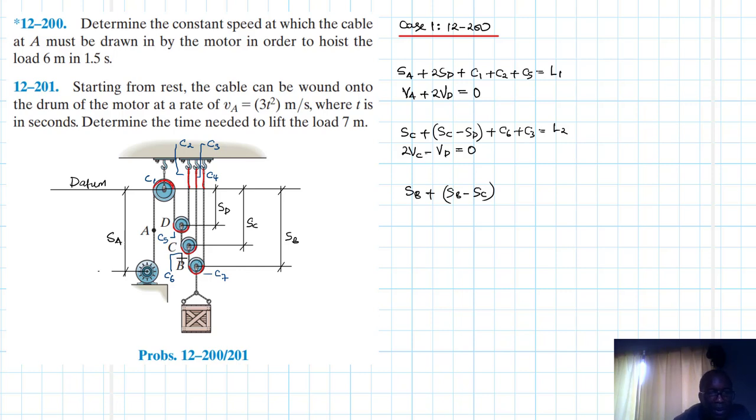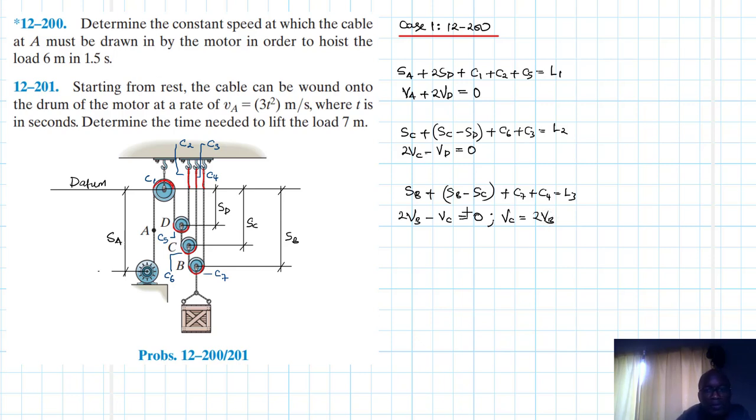Then let's add up the constants: C7 plus C4, equal to L3. First derivative, we just have 2VB minus VC equal to 0, because these are constants. Making VC the subject, we get VC equal to 2VB.